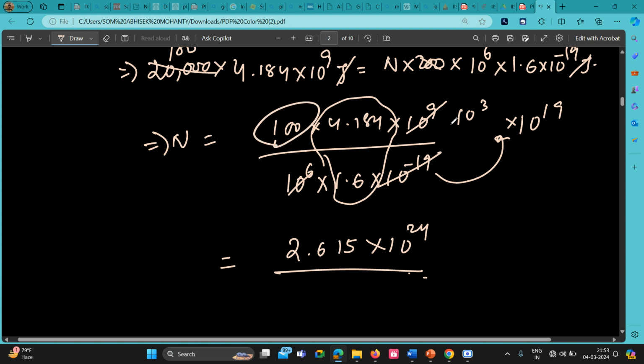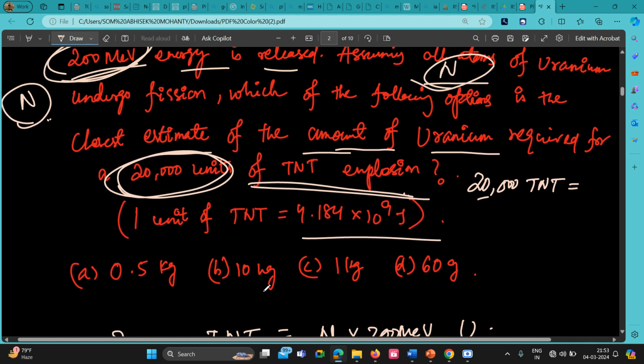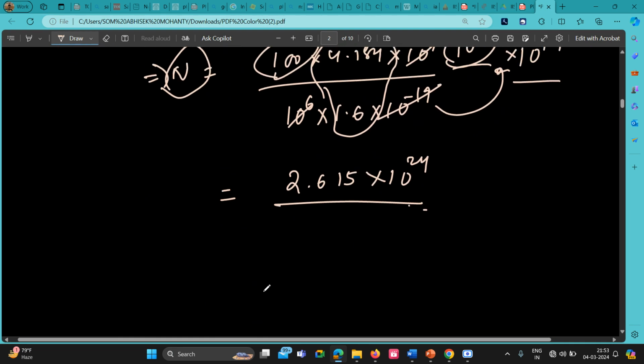Because if you see, this 100 into 3, that is 10 to the 5, and 10 to the 5 into 10 to the 19 is 10 to the 24. So this is your number of uranium atoms. We have to find out the estimated mass of uranium. So what is the number of moles of uranium?